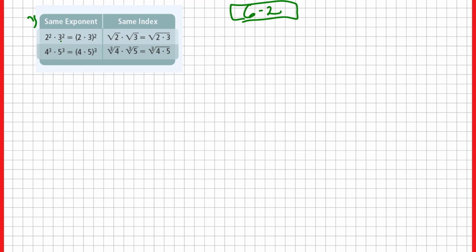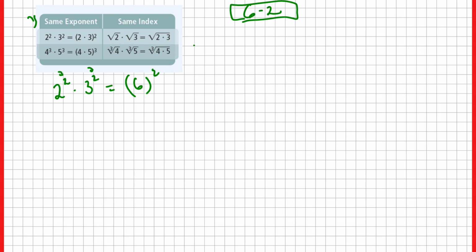Well, we can multiply them if they have the same exponent. So if we have 2 squared multiplied times 3 squared, the exponents are the same, so we can multiply that as 6 squared, or 2 times 3 squared. The same thing applies if they have the same index.